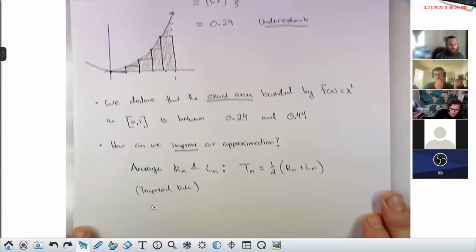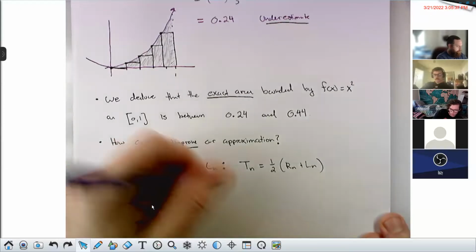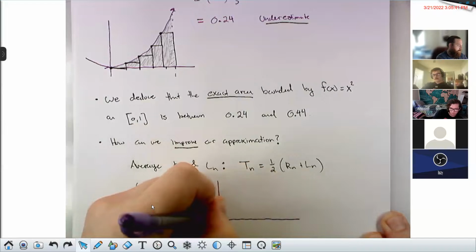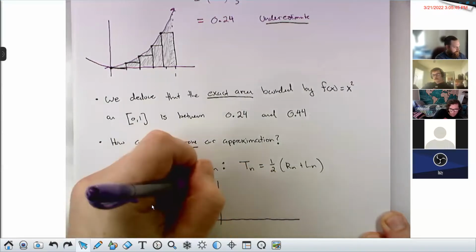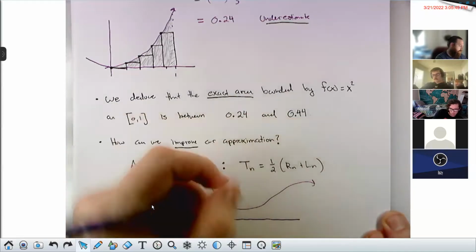If you know the formula for the area of a trapezoid, it is literally the width times the average of the two heights. So what this would give us is the area that you get from these super simple trapezoids. Let me draw a more extreme curvy thing here so you can see it.